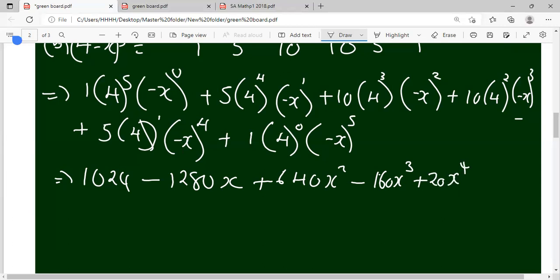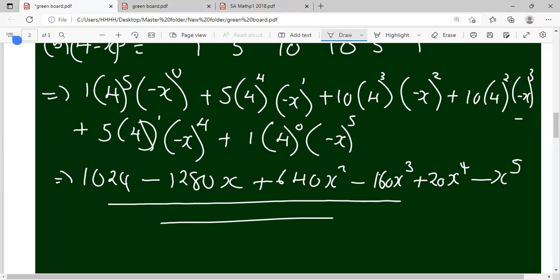Then this will be a 0, it will be 1 minus, because the power is odd, so it will be x to the power 5. And this is your answer. Now, note, the powers of x here are ascending.